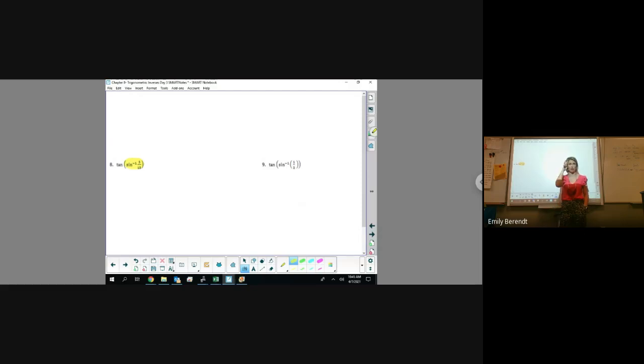This is the connection you need to make. The inverse sine of a positive ratio has to search in what quadrant? 1. So our mystery angle is located in what quadrant? 1. So this tells you that we are in Q1.